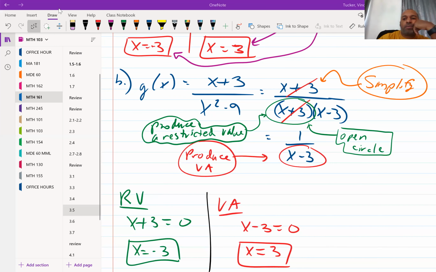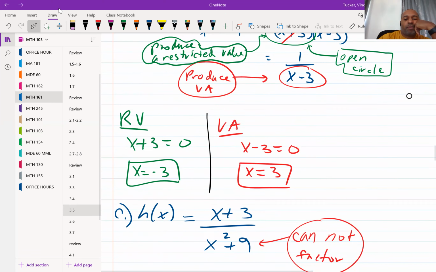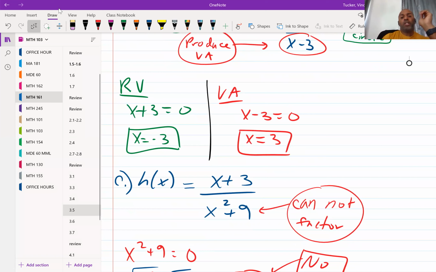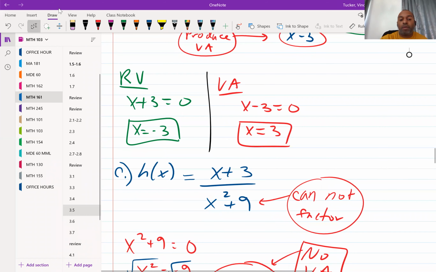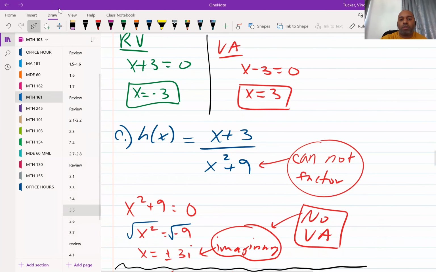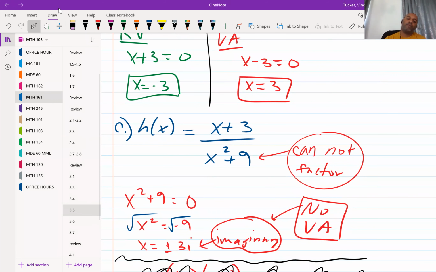All right, let's go to the next one. x plus 3 over x squared plus 9. Before we had x squared minus 9, we could factor that. Here we have x squared plus 9. Cannot factor that without involving imaginary numbers. So we can just set that equal to 0 and solve. And we see that our solutions end up being imaginary. Since that's the case, we don't have any vertical asymptotes.